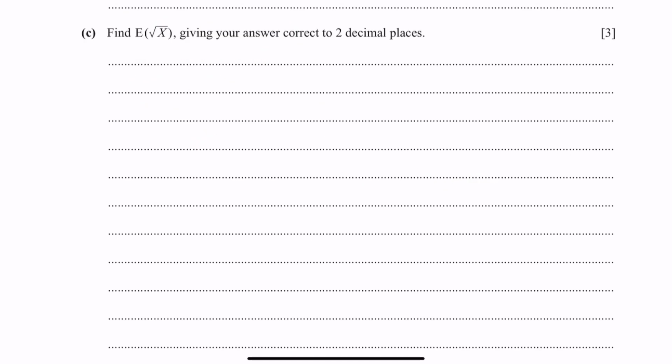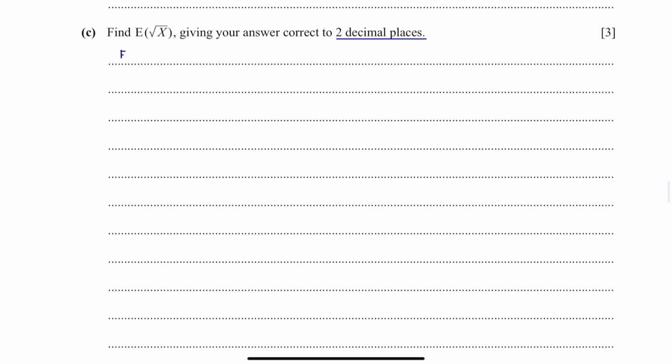Part C. Find the expected value of root x, giving your answer correct to 2 decimal places. So how do we find this? The expected value of root x would be the integration of root x times f(x).